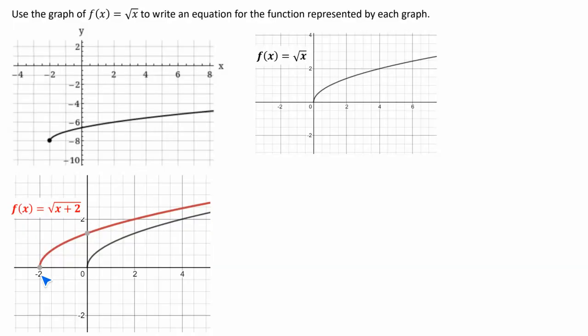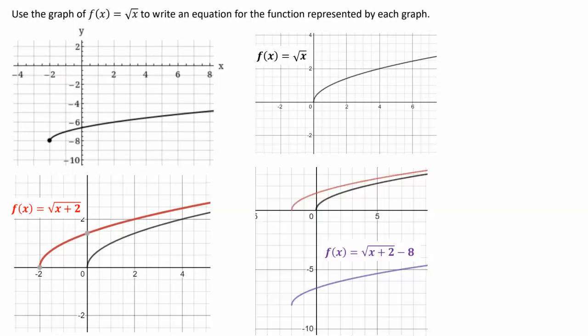And now I need to move it down. In your transformations, to move something down, we're going to subtract. In this case, we were at 0, and now we're ending up at -8. So we're going to subtract 8 units. And so now our graph here is the same as this one up here.